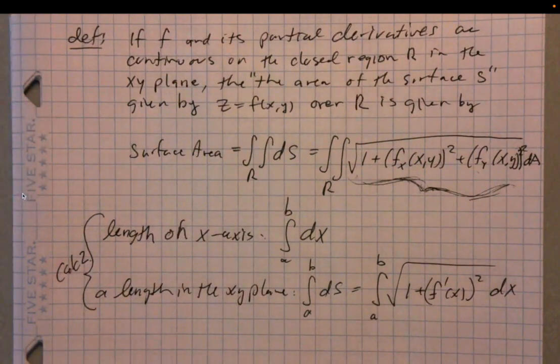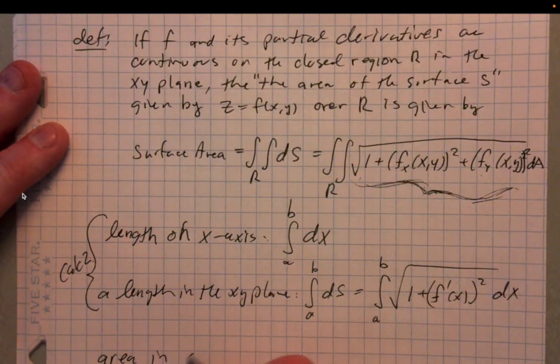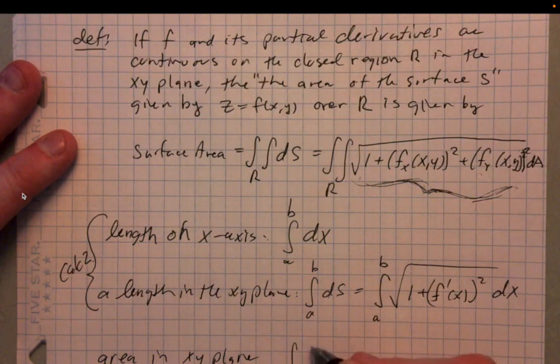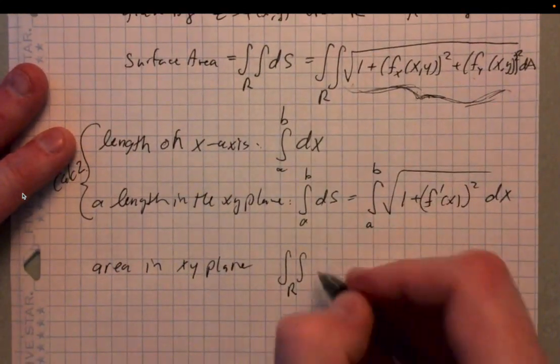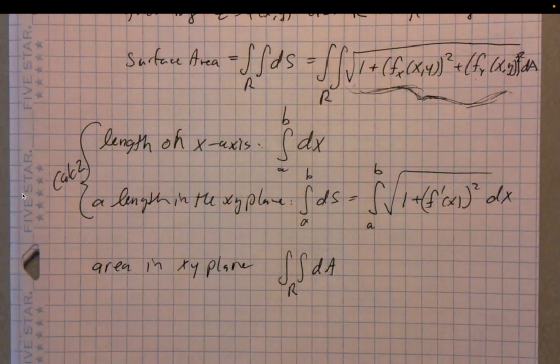Now in Calc 3, we have the idea of a double integral, and so we can derive something really analogous. So in Calc 3, we have the area in the xy plane, the double integral over a region in the xy plane, so dA.